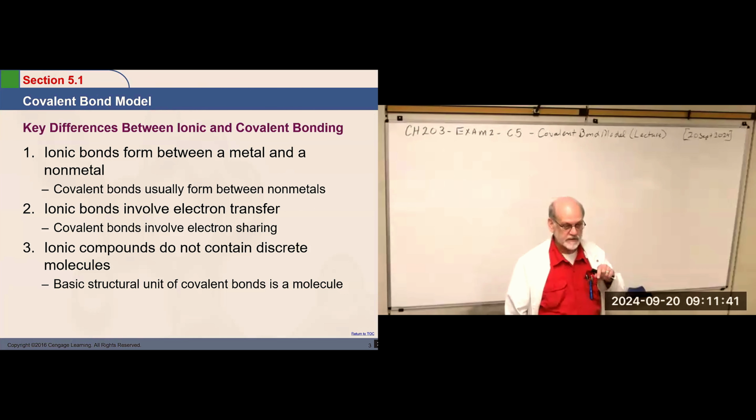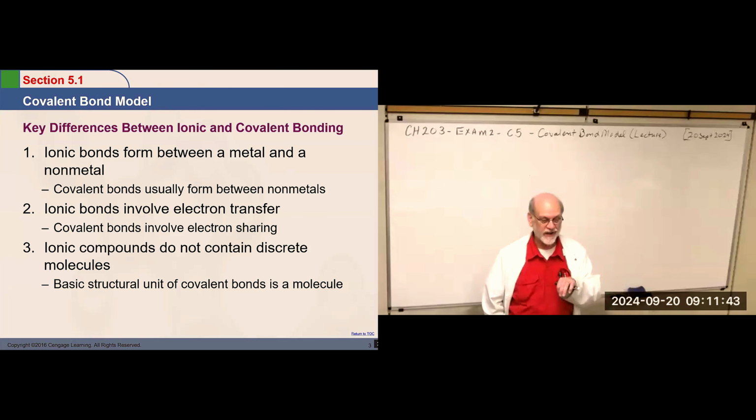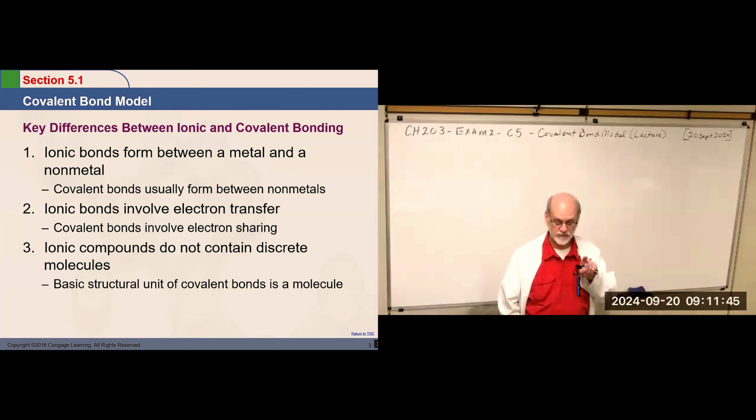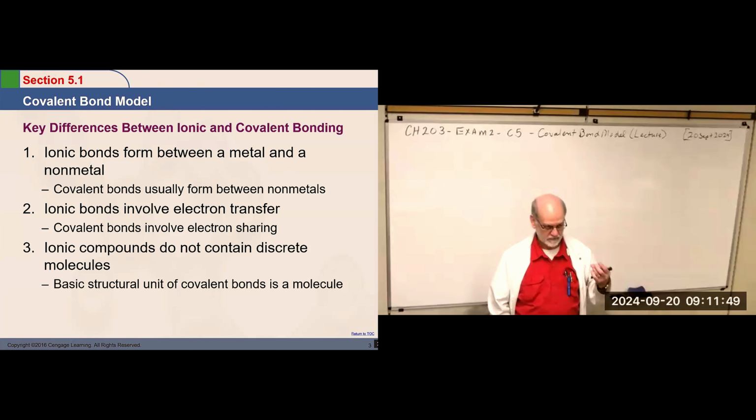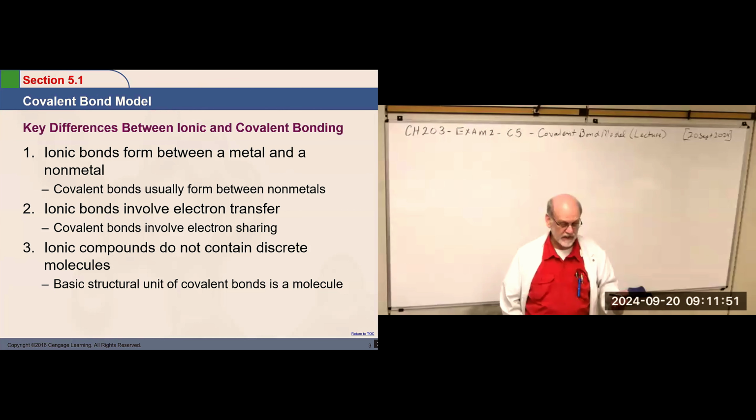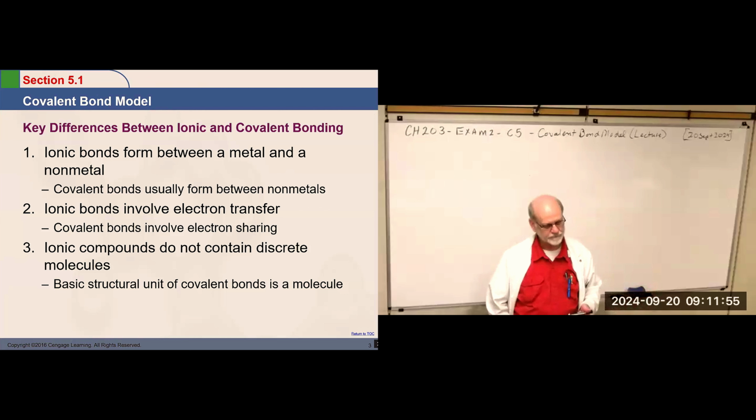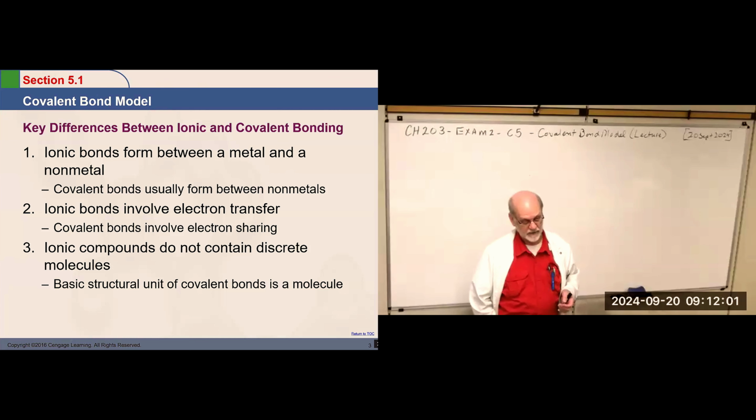Ionic bonds always involve a complete transfer of one or more electrons from one atom to another to form ions. Then the attractive force that holds them together is purely electrostatic, whereas covalent bonds involve sharing electrons.